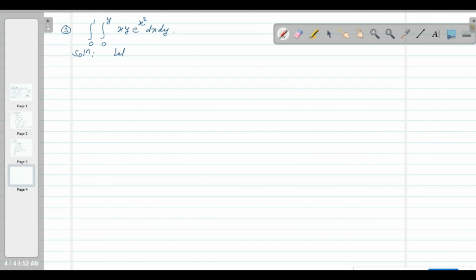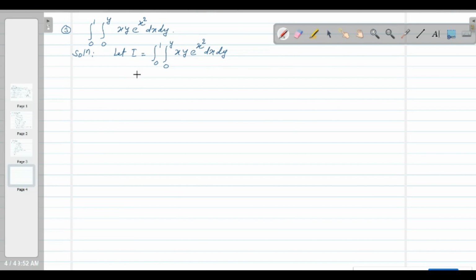First of all, we write let I equal to the given integral, that is 0 to 1, then limit 0 to y, x into y into e raised to x square dx and dy.